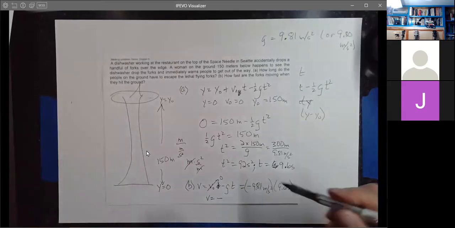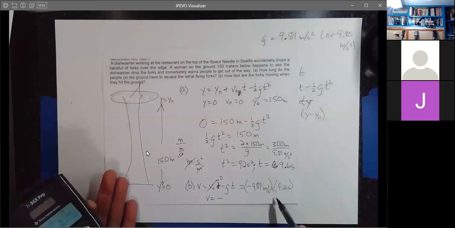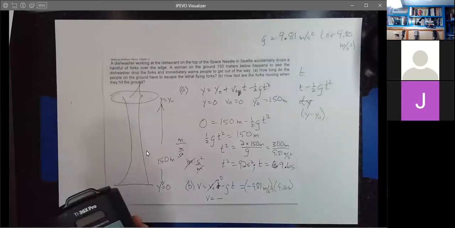That tells me they're moving downward. Big surprise there, but the minus sign tells us that for sure.